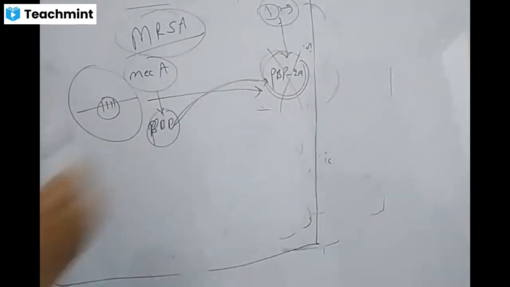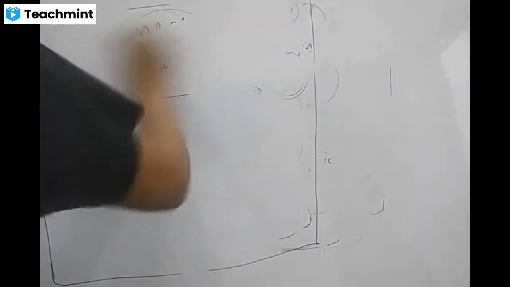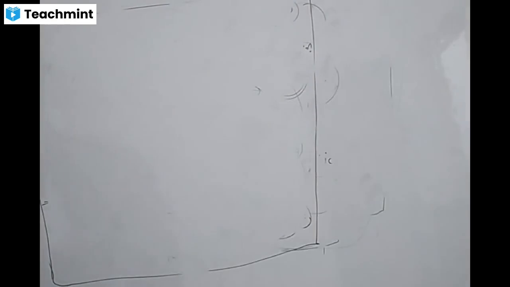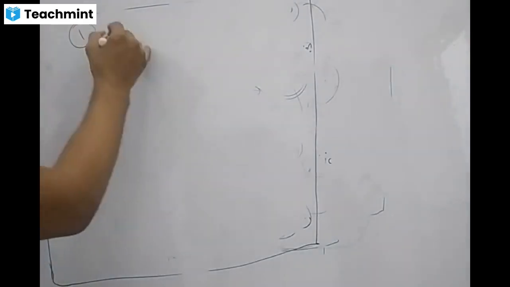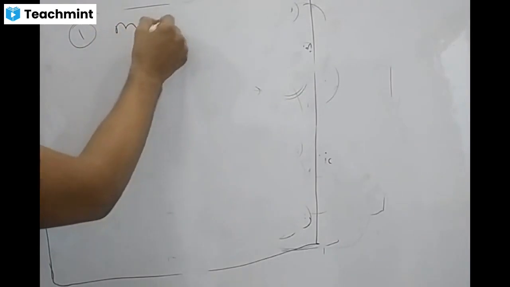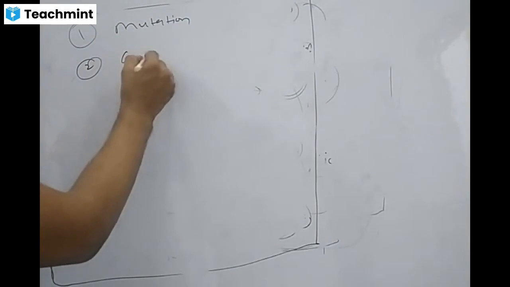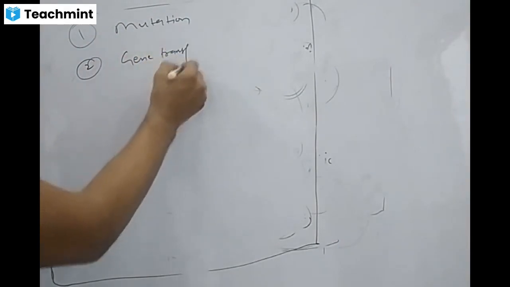So this is the example of a single step large mutation, MRSA. Next is the acquired resistance. The first mechanism was by mutation, and the second is by gene transfer.